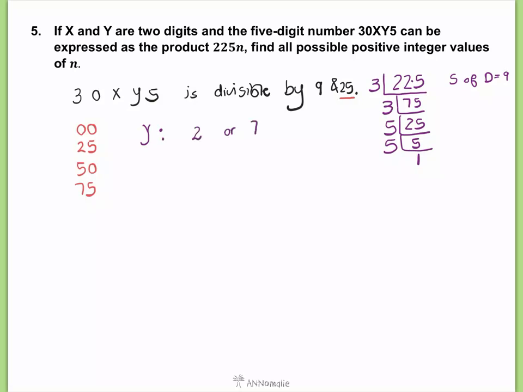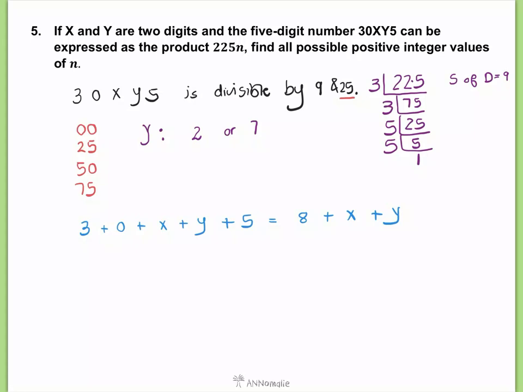Let's plug that in. So we know now that this number must also be divisible by 9. So let's have a look. 3 plus 0 plus x plus y plus 5 is equal to 8 plus x plus y, which must be a multiple of 9 in order to be divisible by 9.